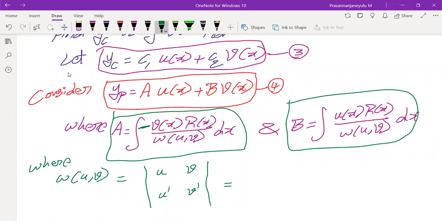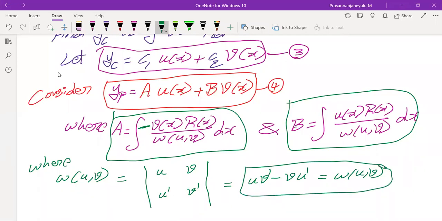Find the determinant of this 2 by 2 matrix, then we'll get UV dash minus VU dash. This is our Wronskian of U and V. W indicates Wronskian.